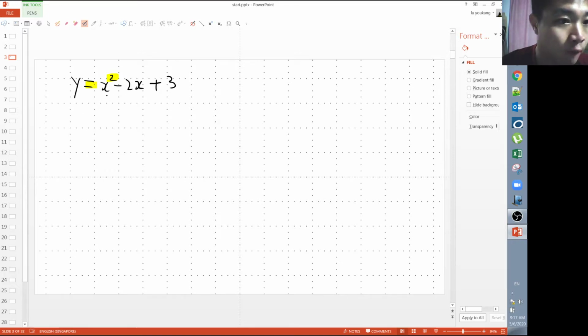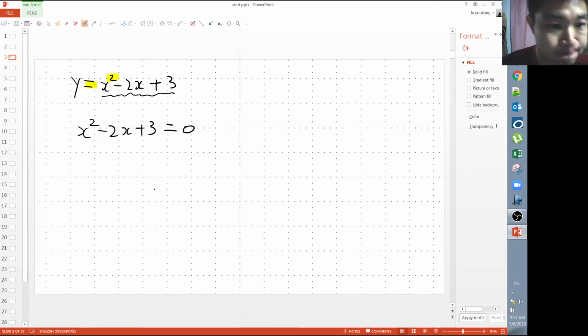The right hand side of the equal sign is x squared minus 2x plus 3. What you can do is write it down here, and equate to 0 first.